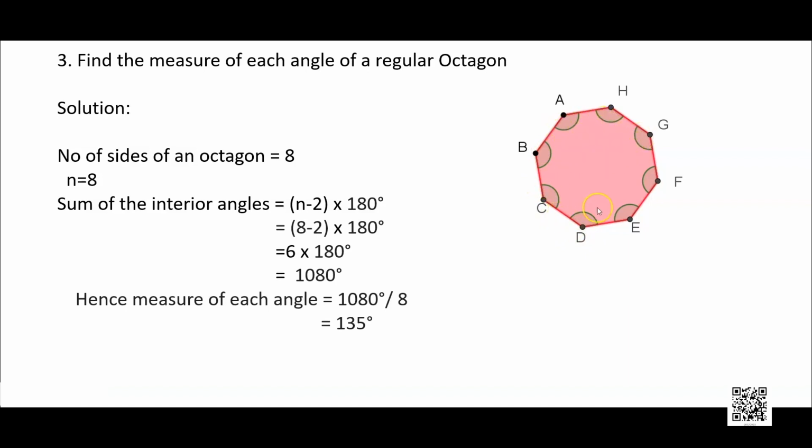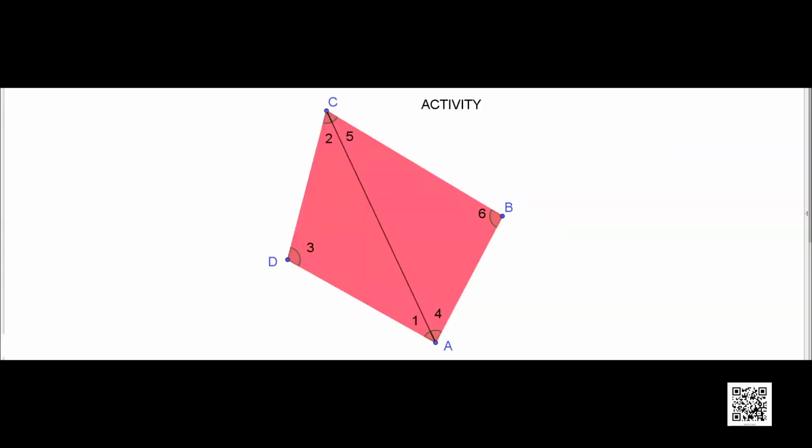Yes, the total of all these angles divided by 8 will give me the measure of each of these angles. And that's exactly what I have written here. Hence, the measure of each angle will be equal to 1080 divided by 8, which will be equal to 135 degrees.